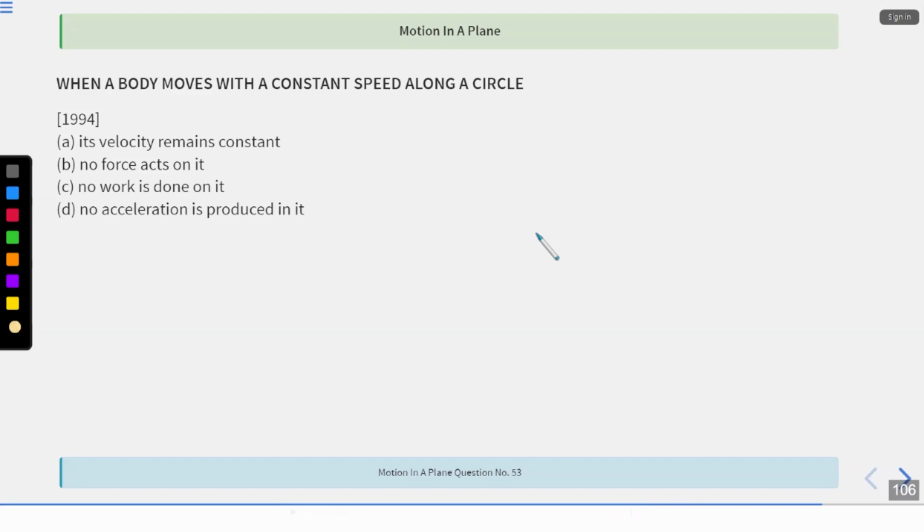Option C, no work is done on it. So basically, this is the correct answer. No acceleration is produced, that is also wrong, right? Because we have tangential acceleration, centripetal acceleration, and everything. So this has to be the correct answer. But what would be the explanation for this? So in circular motion, what happens is the force acts along the radius.